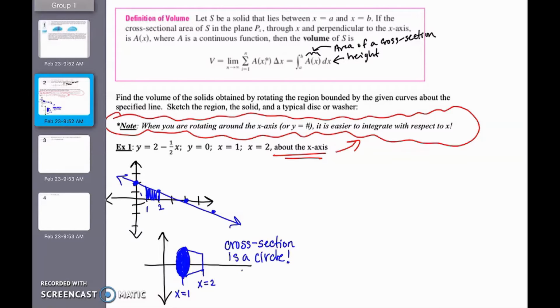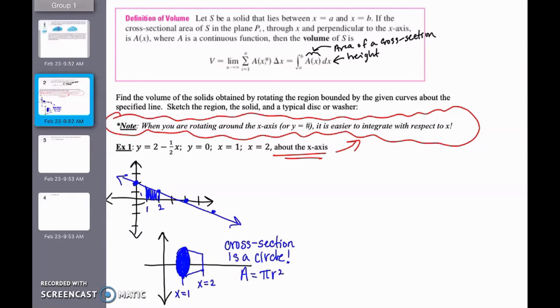And we know from past experience that the area of a circle is found by taking pi times the radius squared. So that's going to be the area part of our integral. But we need to figure out what our radius is.